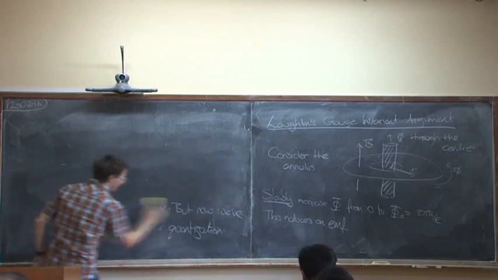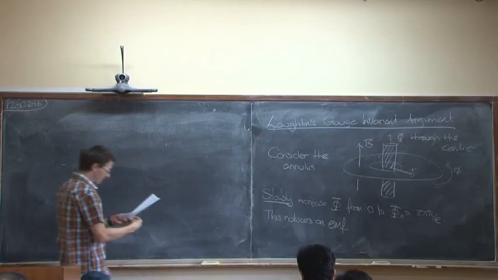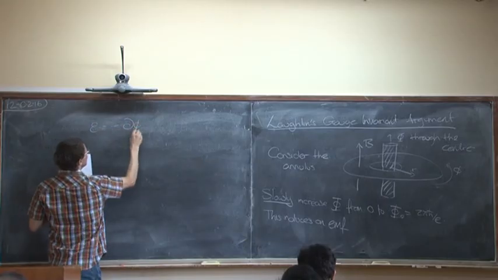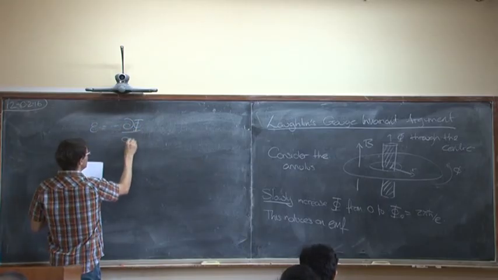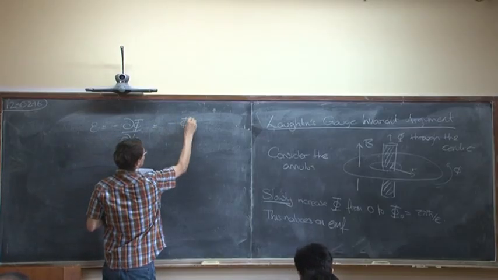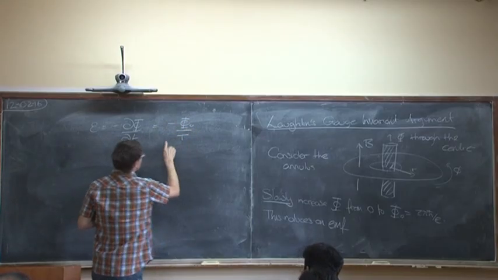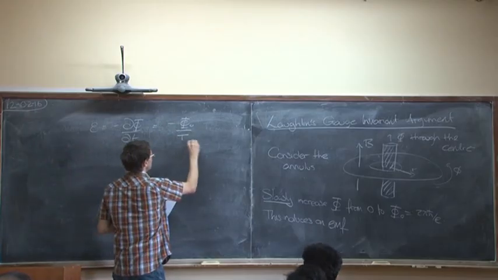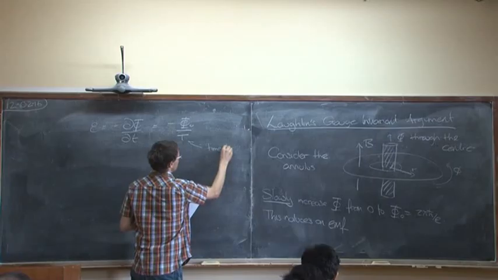And so it induces an EMF. The EMF is minus d phi by dt, which, in this case, we'll just increase linearly, so it's minus phi 0 divided by t. This is the time t.